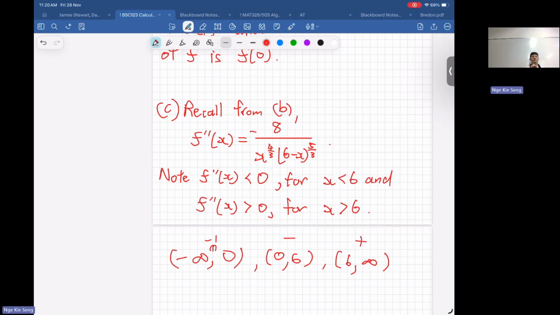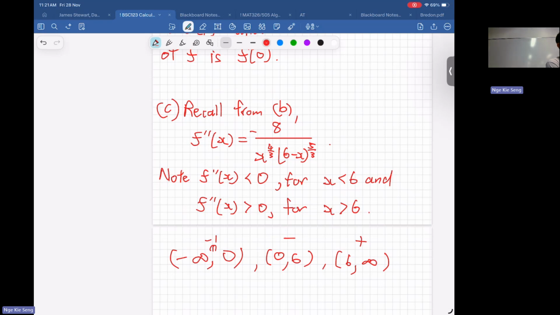So how do you prove that 0 is an inflection point? Because if I use 0, the second derivative is undefined, and if I put 6, it is also undefined.